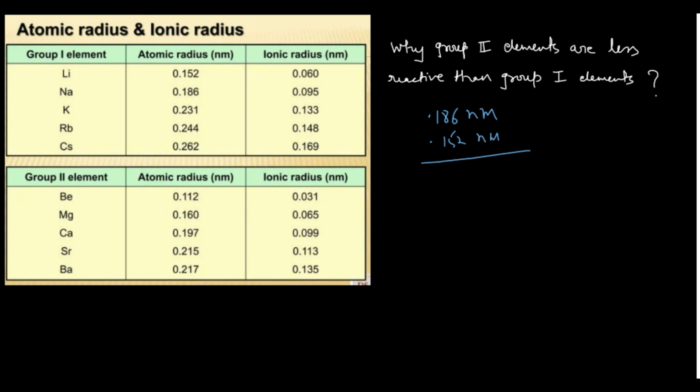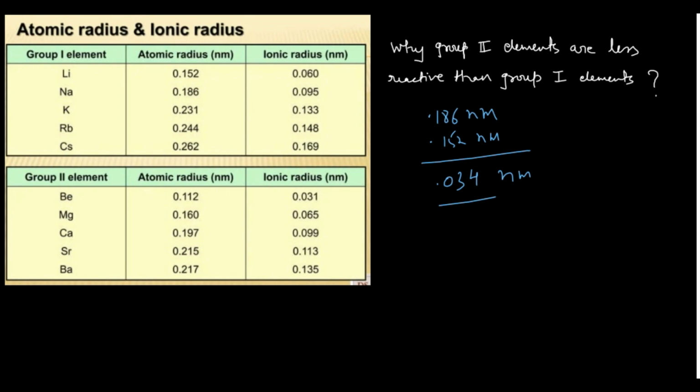So the difference is 0.034 nanometer. You can easily convert this nanometer into picometer, however I am not going to convert this.